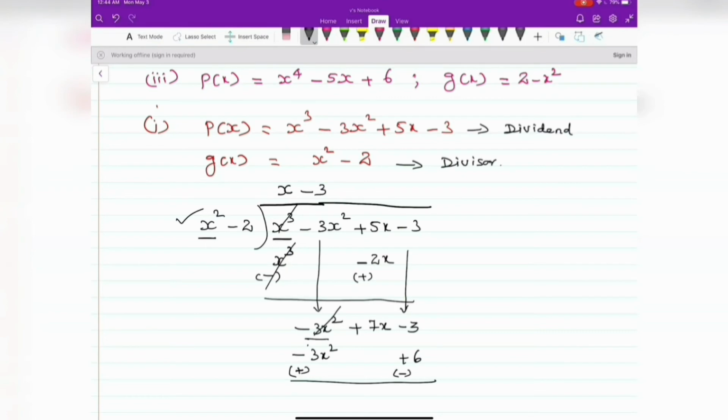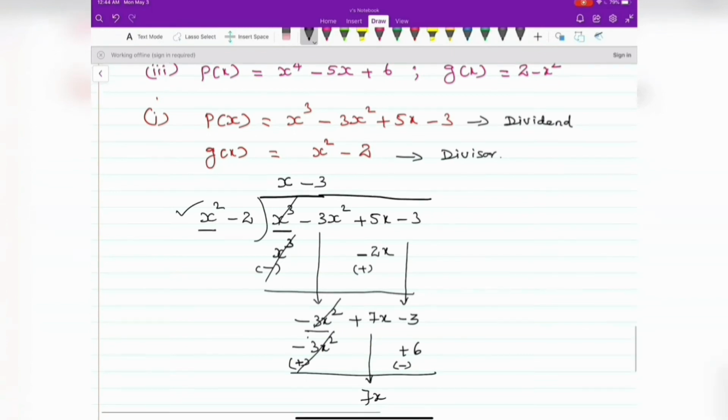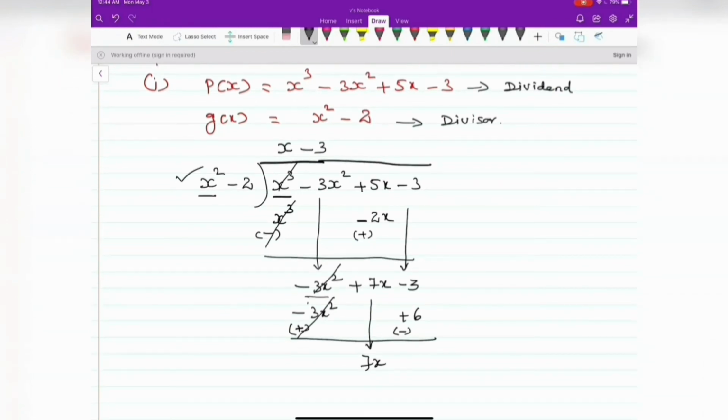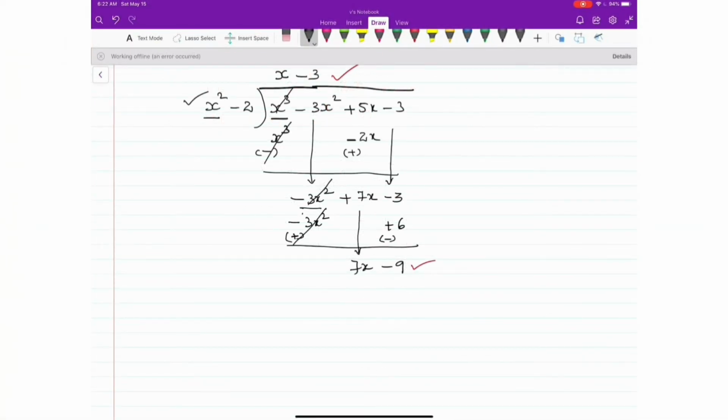Now, minus 3x square plus 3x square will get cancelled. Let me bring down this 7x. Then, minus 3 minus 6, which is minus 9. If you see this remainder, I can write it as 7x power 1 minus 9.